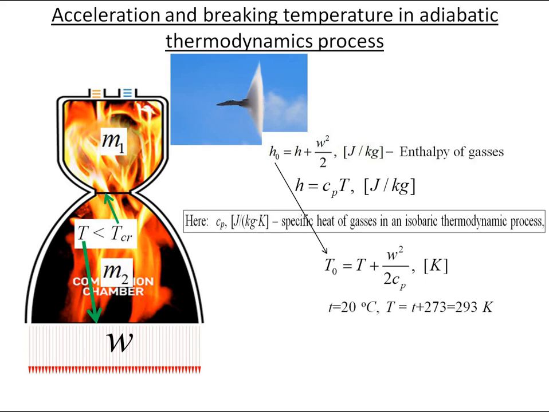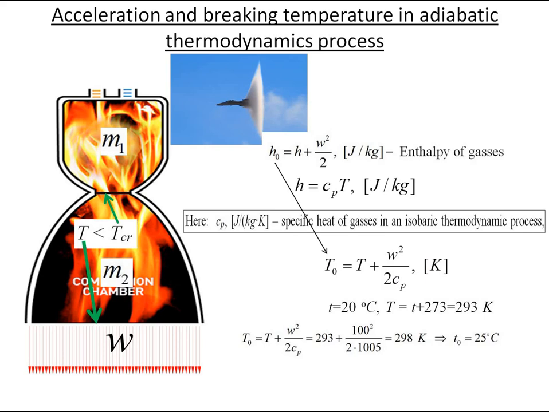For example, stopping gases from an initial temperature of 20 degrees Celsius with an initial velocity of 100 meters per second to a complete stop, the gas temperature will increase by 5 degrees Celsius.